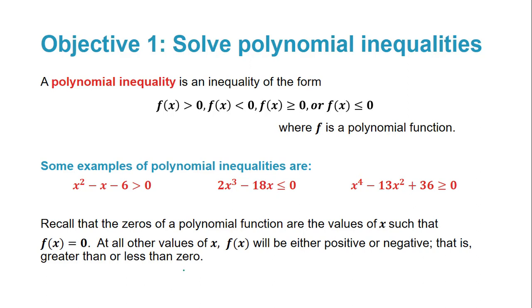So one thing that is interesting to note then is that at all other values of x, f of x will be either positive or negative. That is, greater than or less than 0. So remember that the zeros are what make the output 0. So at every other x value, the output will either be positive or negative.